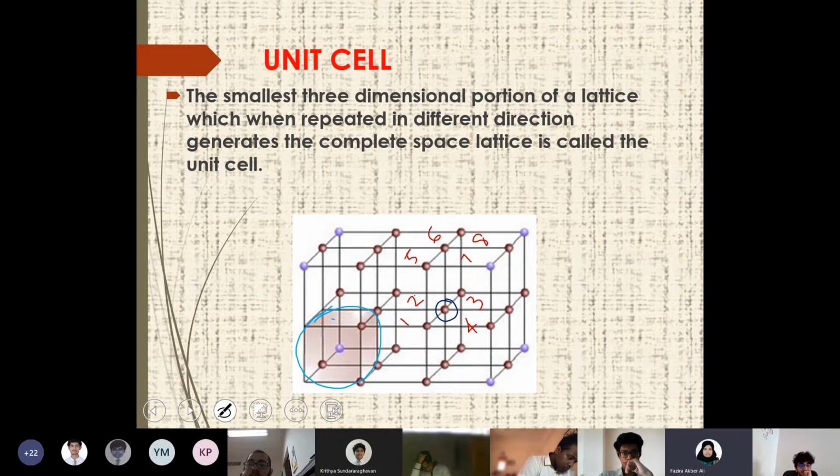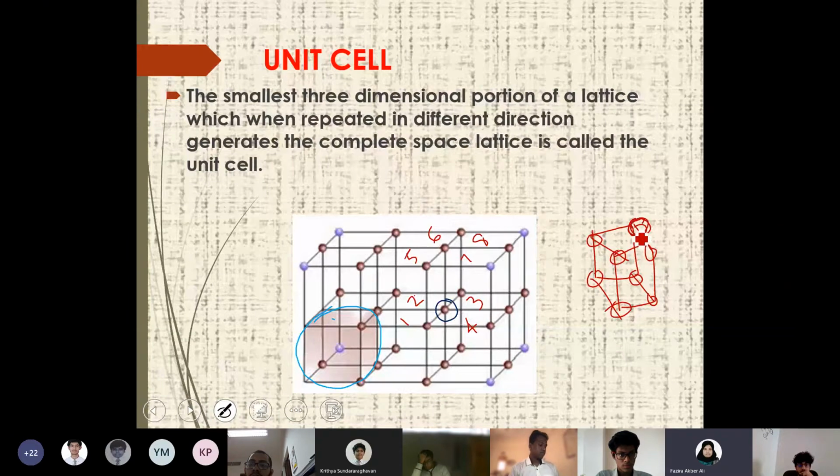So when you take a simple unit cell, one cube, and you draw it, you can see that it belongs to one unit cell. But in reality, when you look at the entire space lattice, each particle at the corner is being shared with 7 more unit cells.